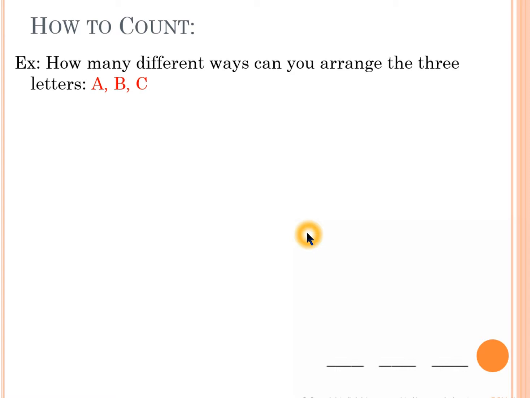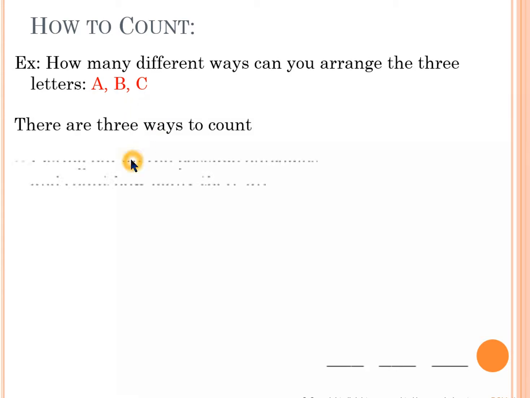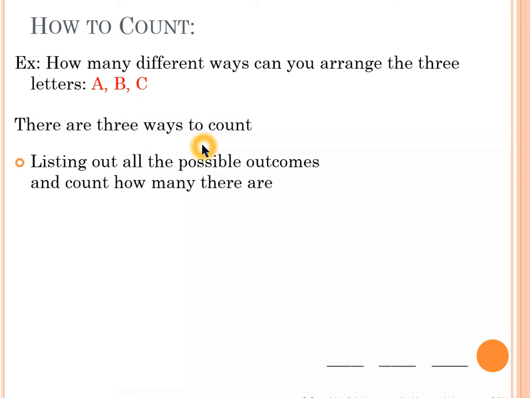Let's start off with a very basic example. How many different ways can you arrange the three letters A, B, C? Well, there's a few ways to do a problem like this. There are three ways to count. The first thing you could do is you can list out all the possible outcomes and count how many there are.